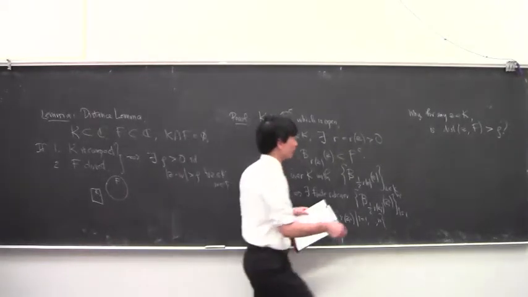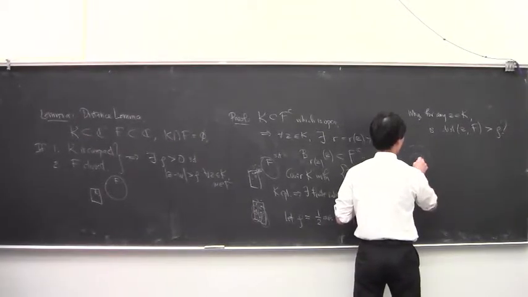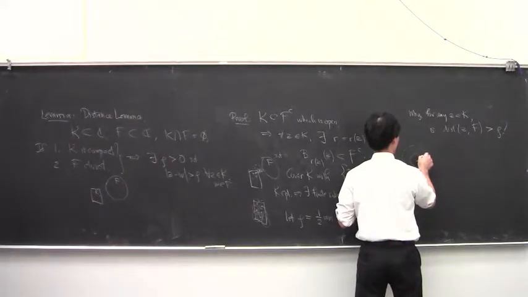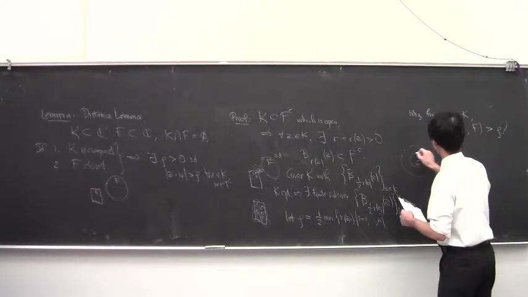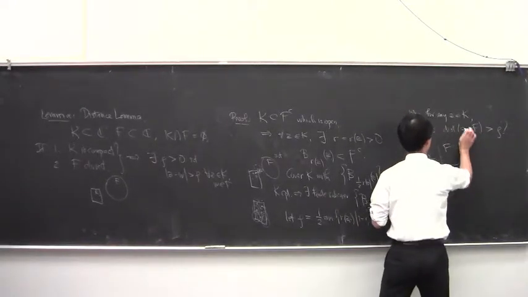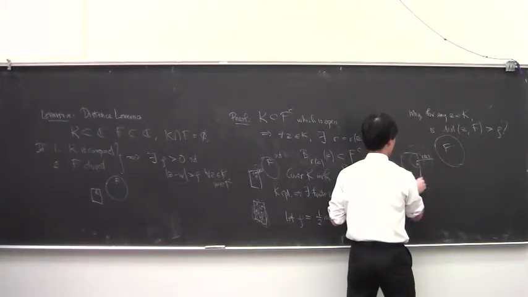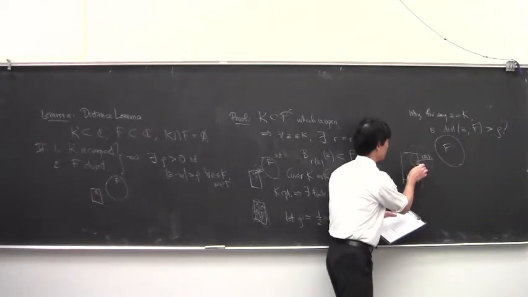Maybe it's too small. Right here is the half. So here is z1, here is r z1, and here is F. Here's K. This is Z1.